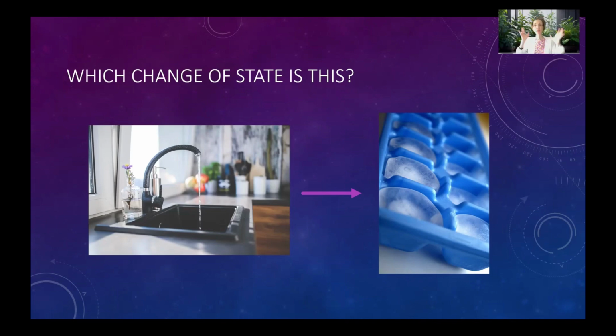Now let's think about the energy. What kind of energy does a solid have? We've talked about this before, when we talked about the energy of solids, liquids, and gases. Solids have the least amount of energy. They vibrate a little bit, kind of like your dog sleeping. Liquids have a little bit more energy, and gases have the most energy.